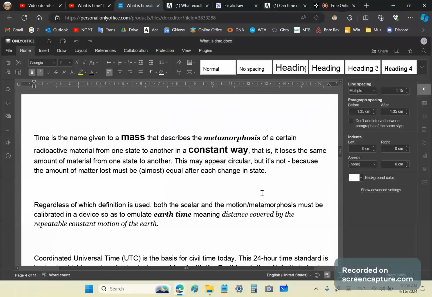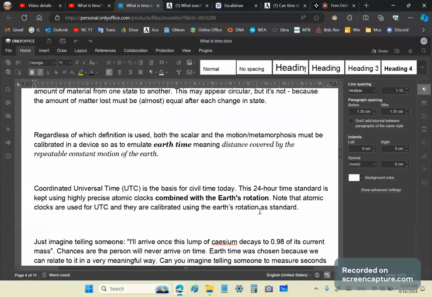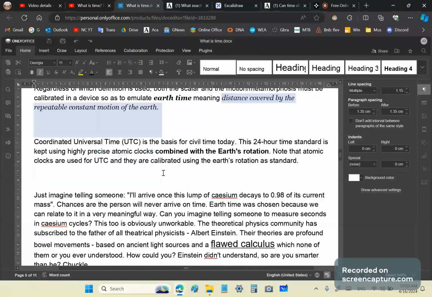Now, this may appear circular, but it's not, because the amount of matter lost must be almost equal after each change in state. So, regardless of which definition is used, both the scalar and the motion metamorphosis must be calibrated in a device so as to emulate Earth motion, almost constant Earth motion. In other words, Earth time. All right? In other words, distance covered by the repeatable constant motion of the Earth.